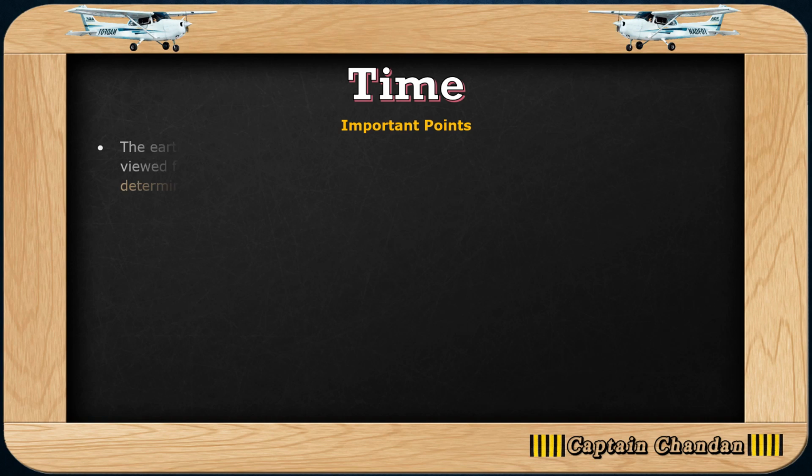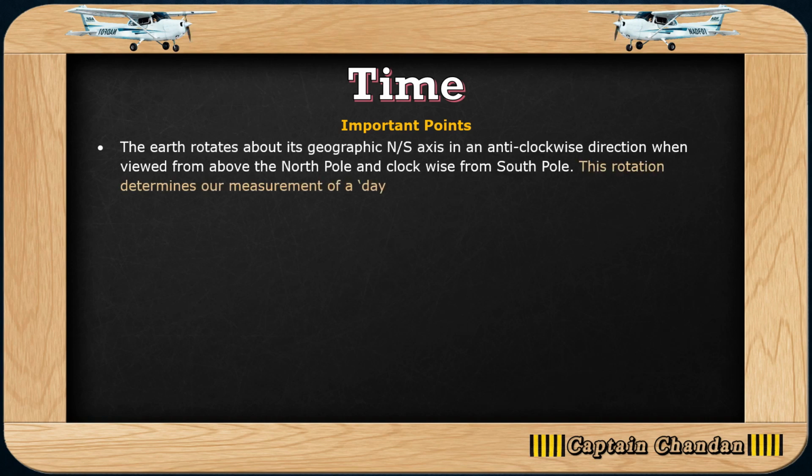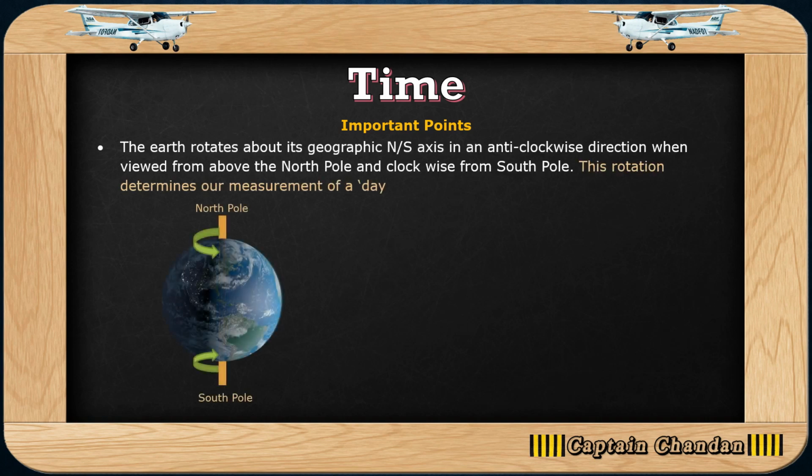Let's discuss some important points. The Earth rotates about its geographical north and south axis in an anti-clockwise direction when viewed from above the North Pole and clockwise when viewed from the South Pole. This rotation determines our measurement of day. So here, if you see the Earth from the North Pole, it appears to rotate anti-clockwise.